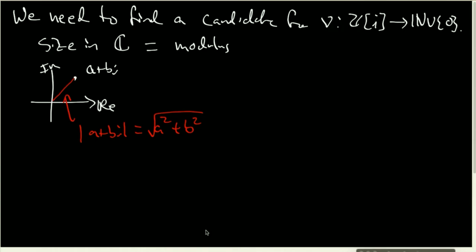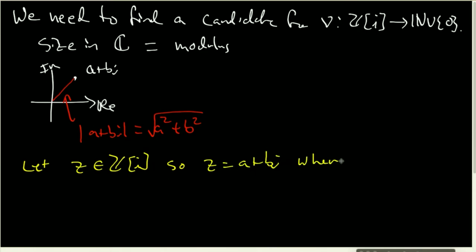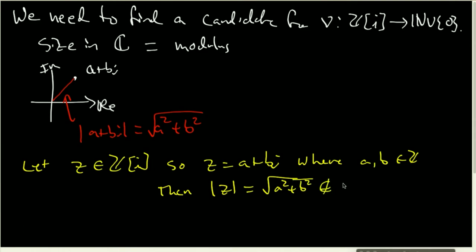Now the problem is that if I let z be a Gaussian integer, so z is equal to a plus bi, where a and b are known to be integers, then yes, I can define the modulus of z to be this particular number, but in general, that number is not inside the set of integers.